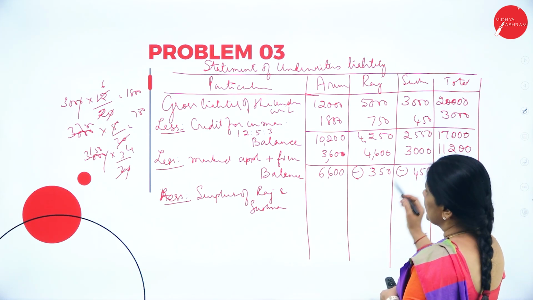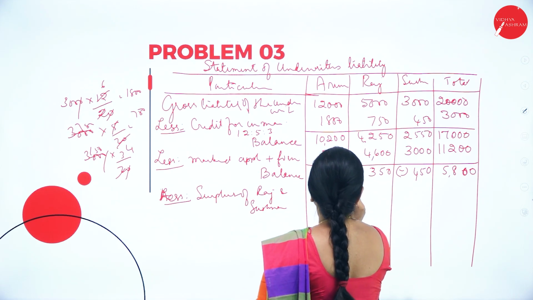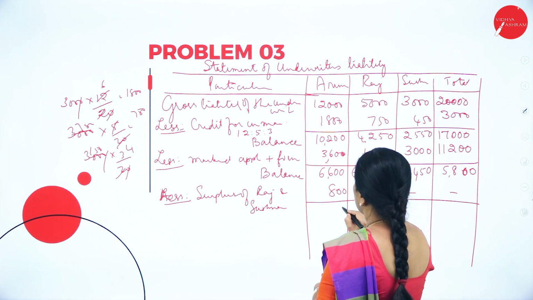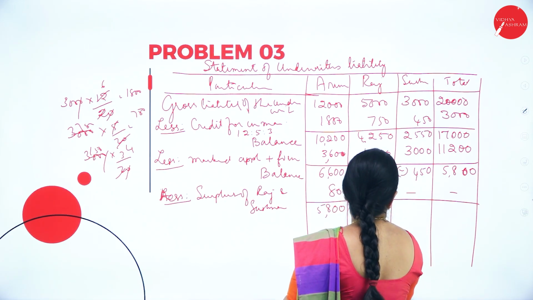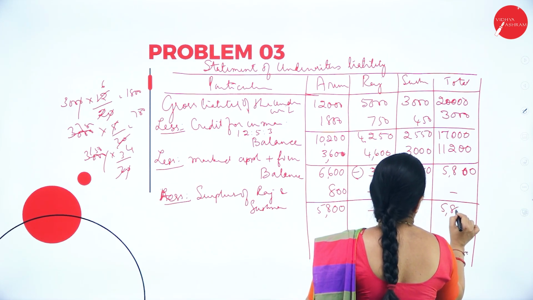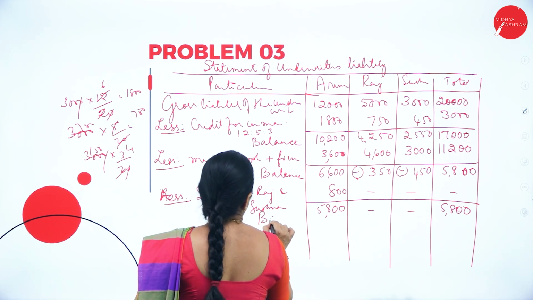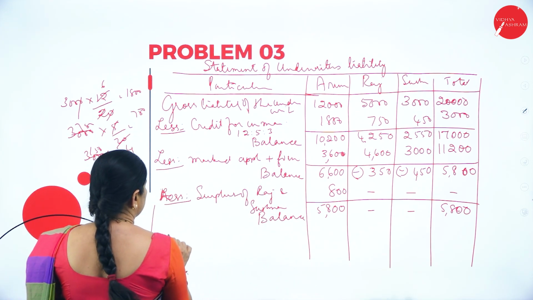So 350 plus 450 comes up to 800. So I just deduct this 800 here. So the balance I am getting is 5,800.